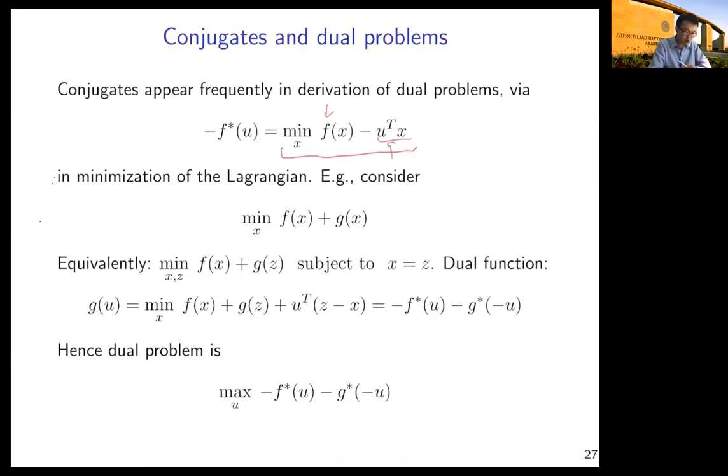Okay, so take a problem of this form where you are trying to minimize two objective functions at the same time, the sum of these two. You can reformulate it into f(x) plus g(z) and substitute an additional trivial constraint x equals z. By doing this, we can lift this constraint up into the Lagrangian and then solve each one of these problems separately.